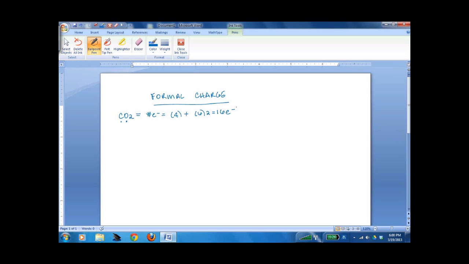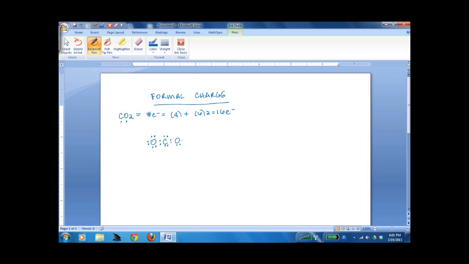So now if we look at carbon dioxide, let's try to draw a Lewis dot structure. If we start doing this, 2, 3, 4, 5, 6, 7, 8, 9, 10, 11, 12, 13, 14, 15, 16. We'll see we have a couple of problems.